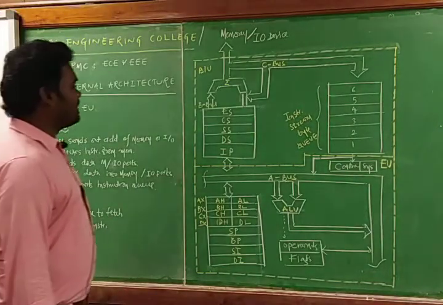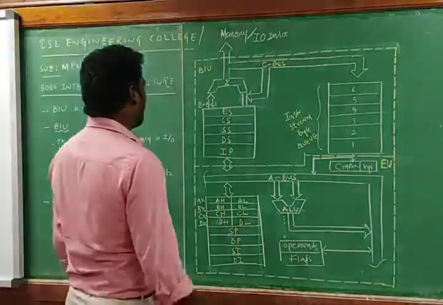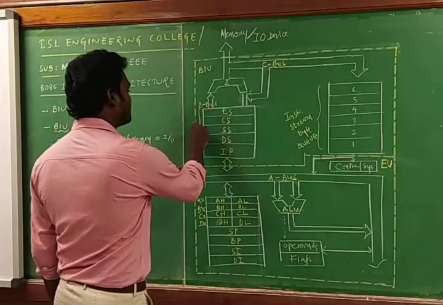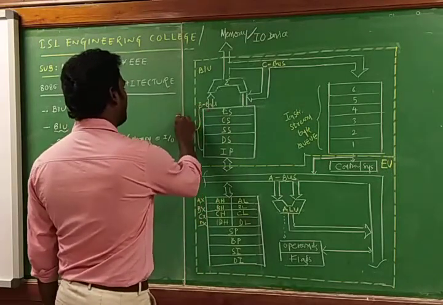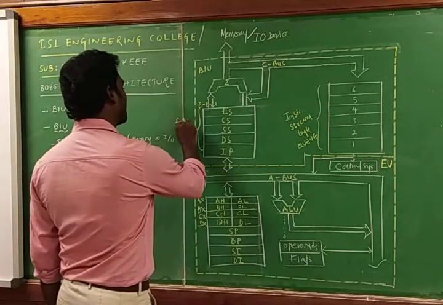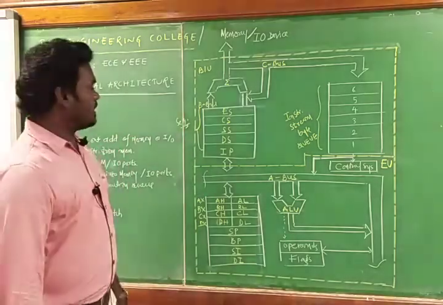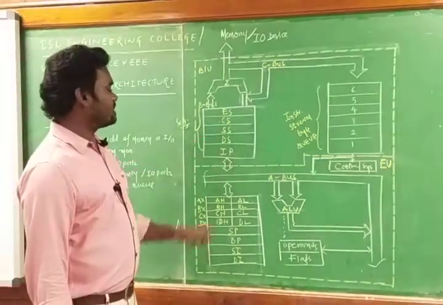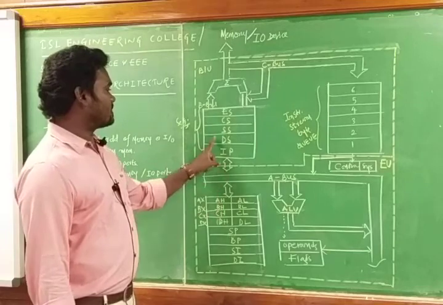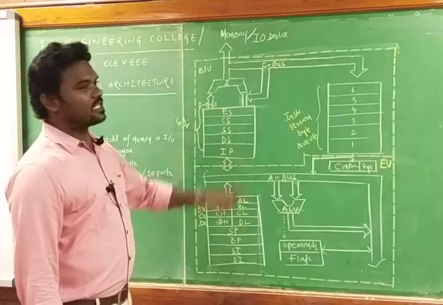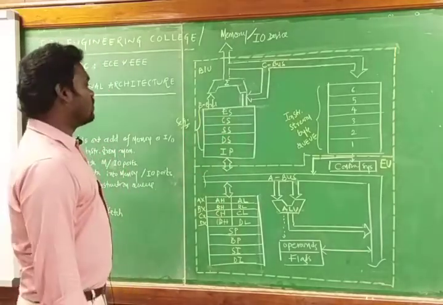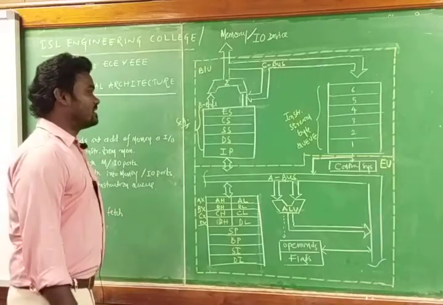Here we have some segment registers, and these 4 registers are named as segment registers, that is the code segment register, stack segment register, data segment register, and extra segment register.